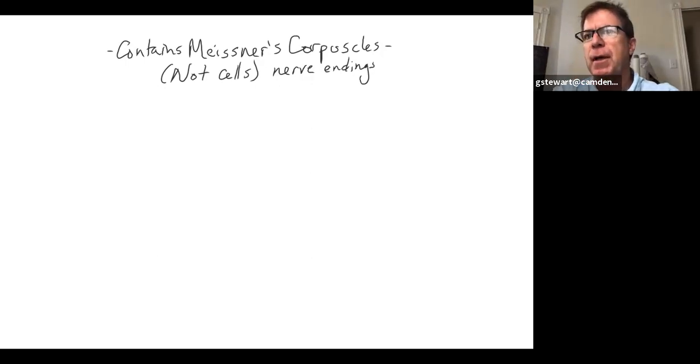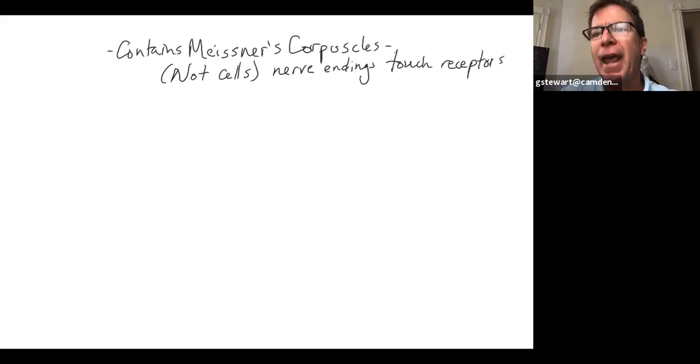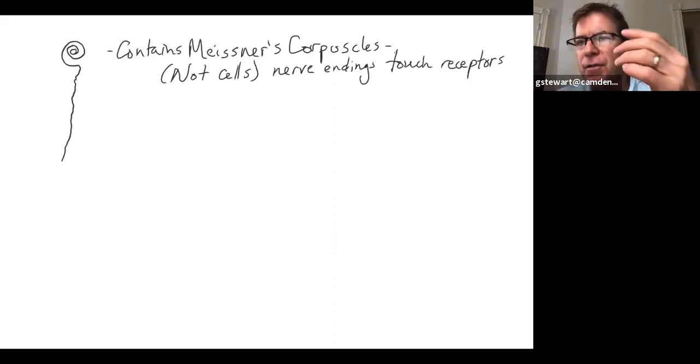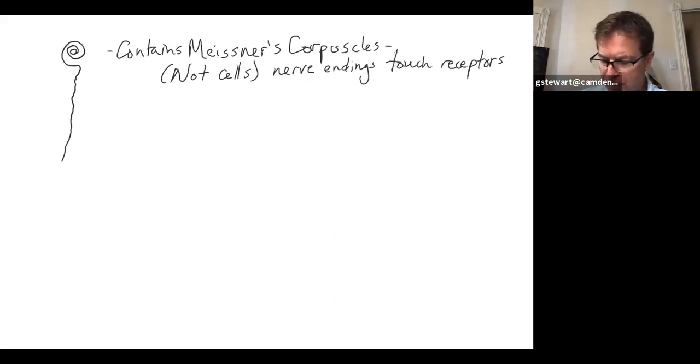They're touch receptors, but they are not actual cells themselves. They're just dendritic endings of nerve cells, and they kind of look like this. This is just a process coming up toward the surface of the skin, and they tend to coil around like that. And they're sensitive to touch, to pressure, to light pressure.